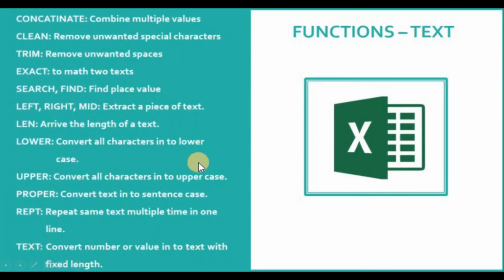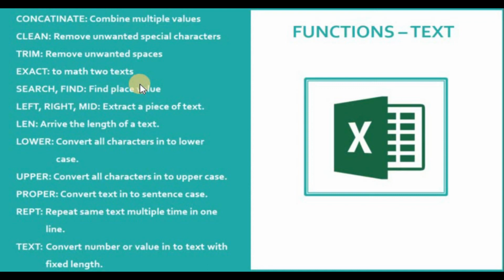So far we have seen text functions: CONCATENATE is to combine multiple values, CLEAN is to remove unwanted special characters, TRIM is to remove unwanted spaces, EXACT is to match two texts, SEARCH and FIND are to find the place value of a text or character in a text, LEFT, RIGHT and MID are to extract a piece of text, LEN is to arrive at the length of a text, LOWER is to convert all characters into lowercase, UPPER is to convert all characters into uppercase.